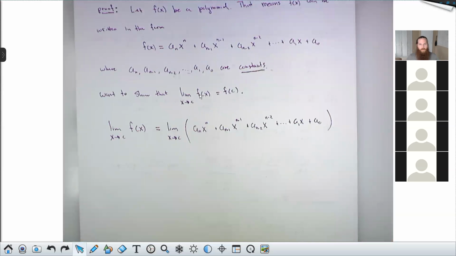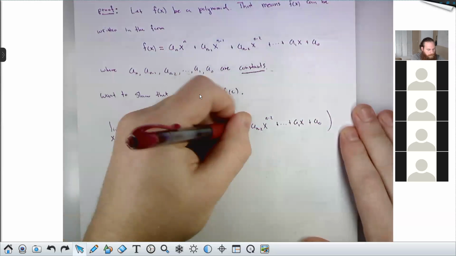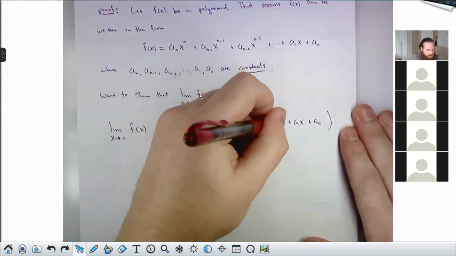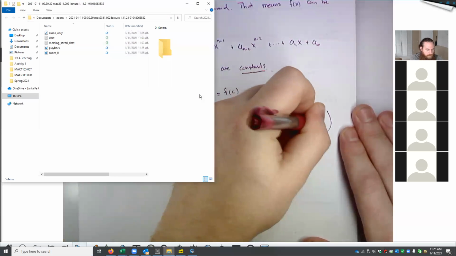Now, I don't know much about how to work algebraically with limits. Literally all I know are those rules we just wrote on the previous page. Can anybody think of a rule that I could apply to this expression to start trying to break it up and figure out what this limit is?